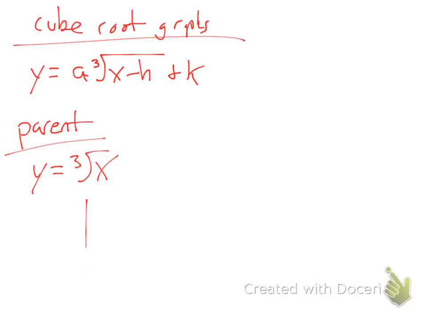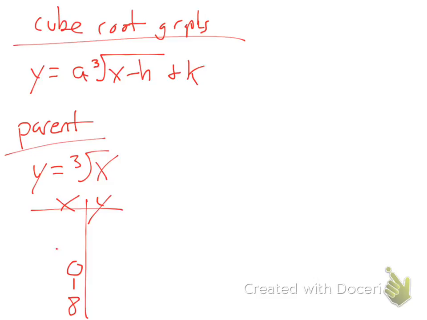And so, this t-chart, though, has negative values. Because I can ask you, what's the cubed root of negative 8? It's not 2, but it's negative 2. Remember, cubed root graphs always have an answer. So, 1's a perfect cube, 8's a perfect cube. I'm going to deal with perfect cubes.